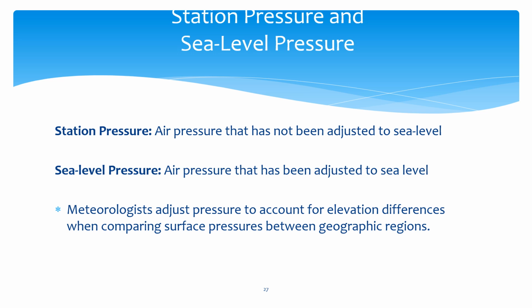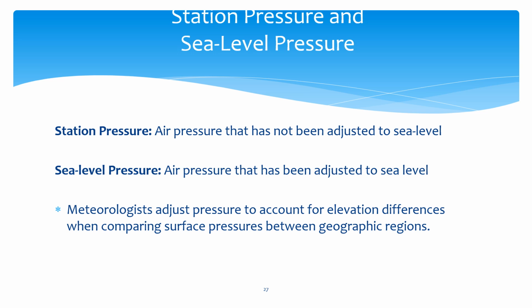Station pressure is the air pressure that's actually measured at an air pressure reporting station. That's what they're reading on their barometer. It has not been adjusted to sea level. And then sea level pressure, that is the air pressure that has been adjusted to sea level. Basically we consider sea level ground zero. That is our zero starting point measurement for air pressure.